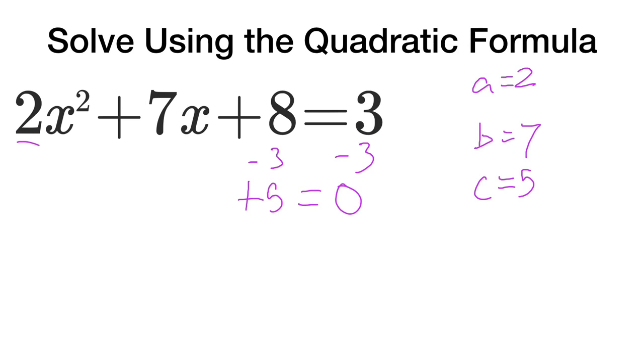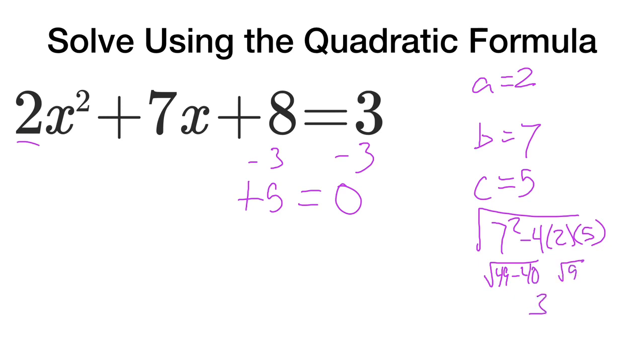So in this case, let's see, 2, 7, and 5, so square root of negative 7 squared, or sorry, not negative 7, I was just so used to the last one, 7 squared minus 4 times 2 times 5. So that becomes the square root of 49 minus 40, or the square root of 9, which means 3.